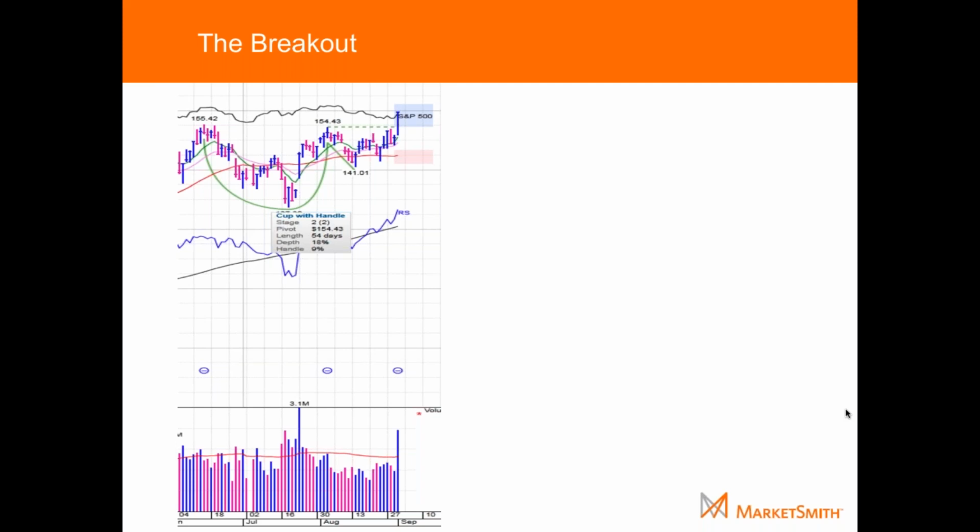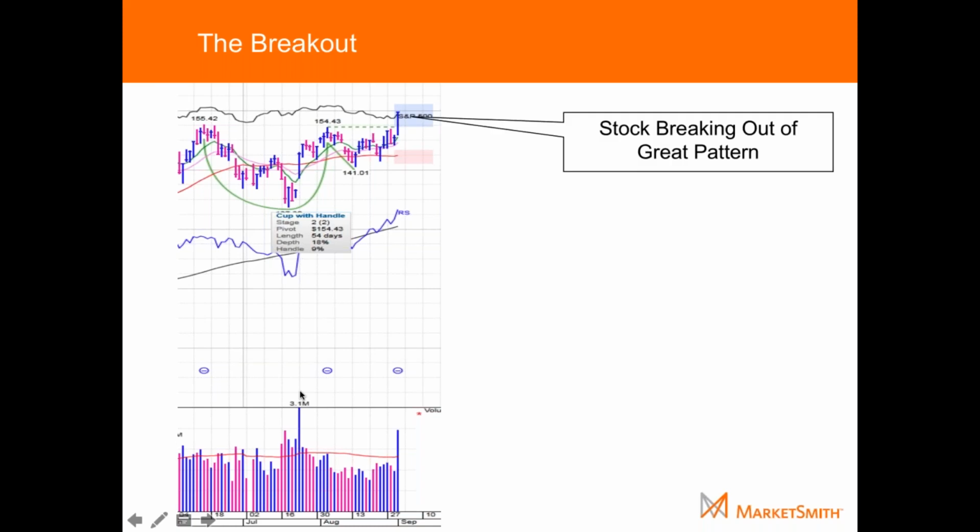However, we're also looking for volume clues in the base structure. So, for example, this base, you can see it traded massive volume on this right-hand side. So you see a gap up, massive volume comes in. Does it mean we're going to buy the stock there? Not necessarily, no. But that tells us that there's accumulation in the base.